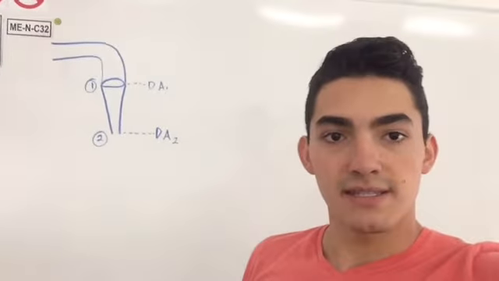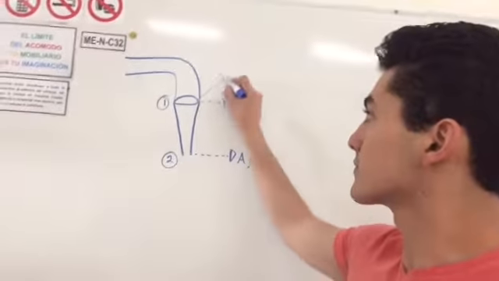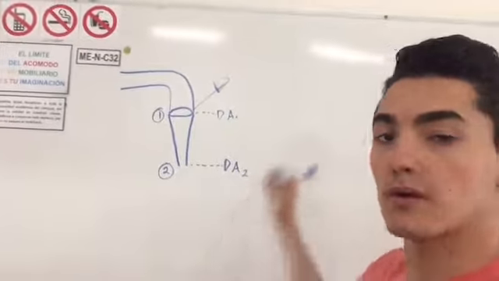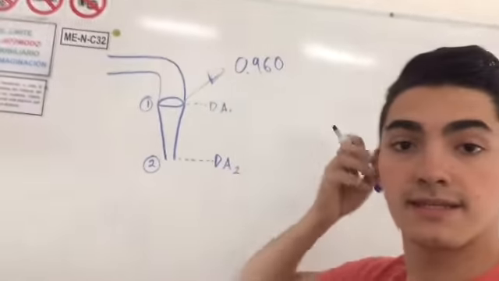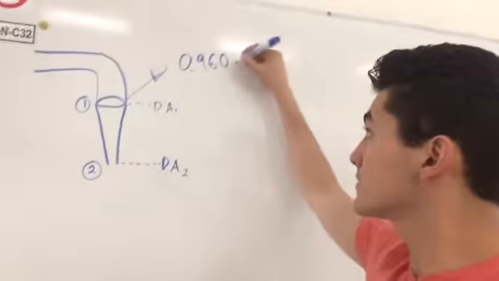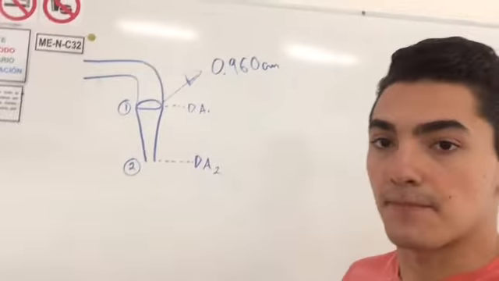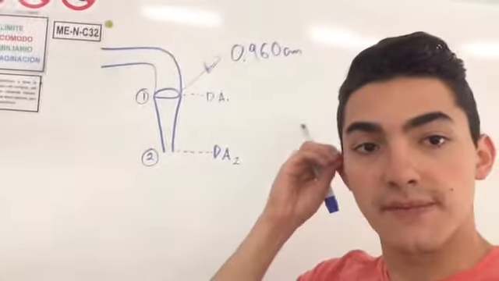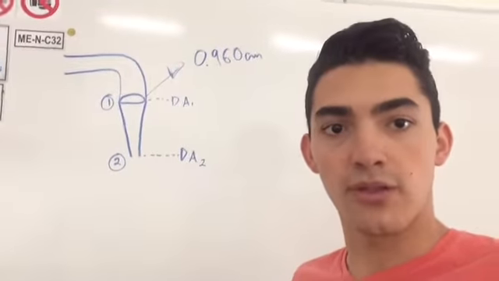At the faucet, the diameter of the stream, so here, is equal to 0.960 centimeters. The stream fills a 125 centimeter cube container in 16.3 seconds.